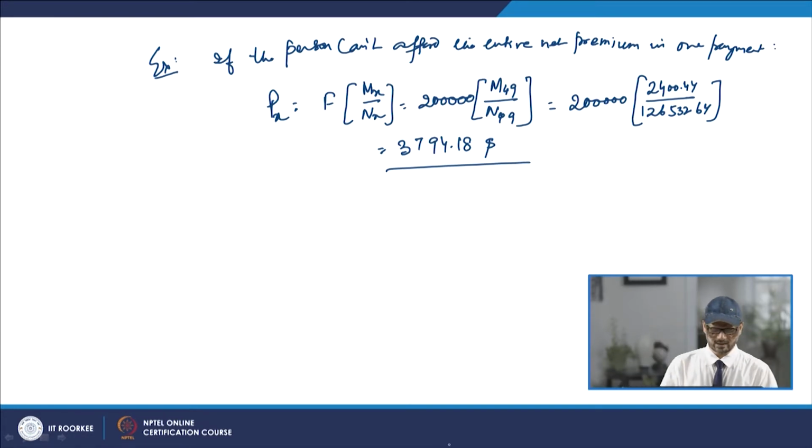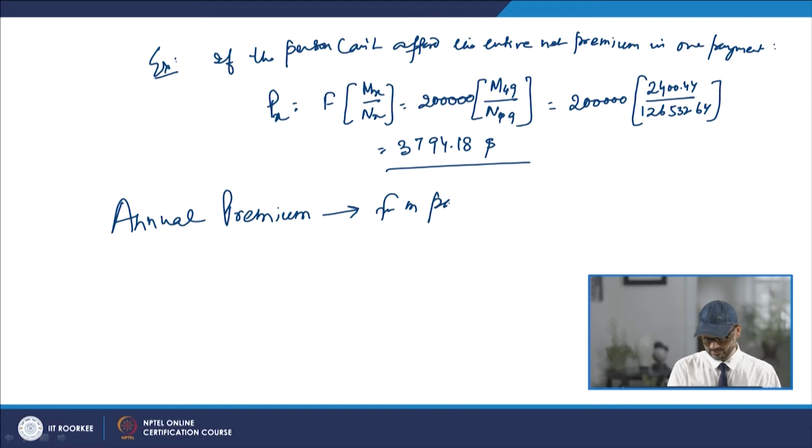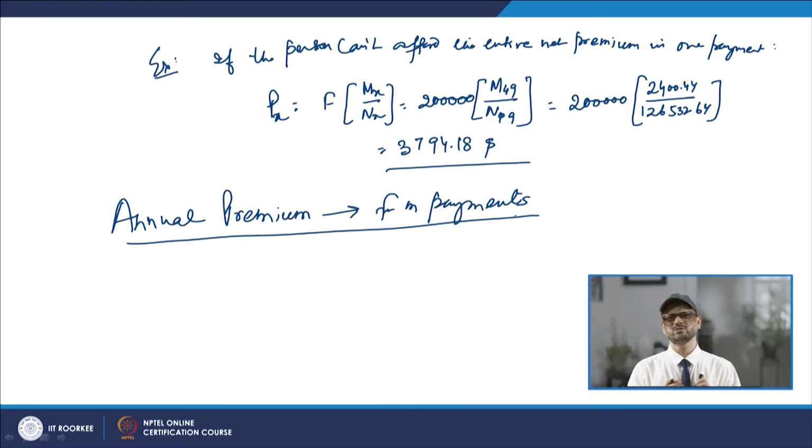Now, there will be another case for the M payment basis. So, basically what happens is that the person wants to pay only for a certain period, and then he does not want to pay. So, that is known as the annual premium on an M payment basis, for M payments. That means the insured person wishes to pay only M times.